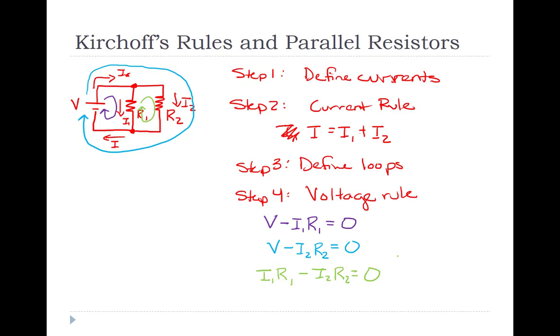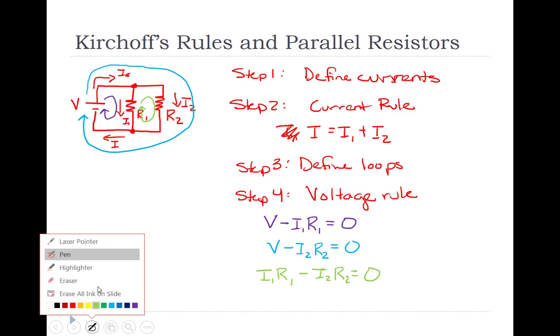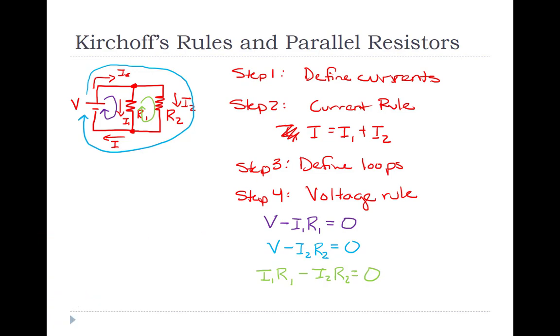This particular circuit has 2 branches, one with R1, one with R2. Therefore, to fully solve this, I need 3 equations. In order for it to work, the 3 equations you choose have to include this one. So this one's a must.